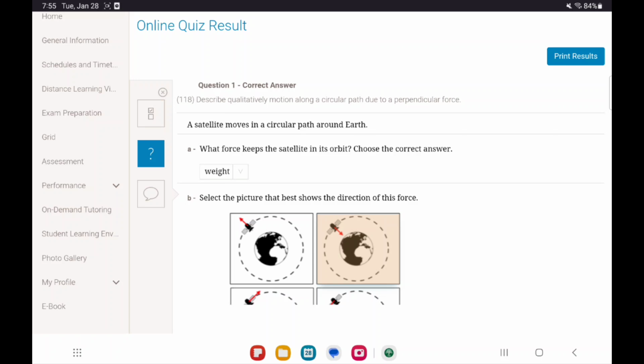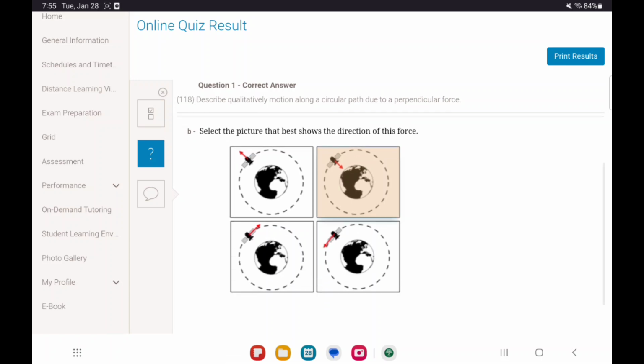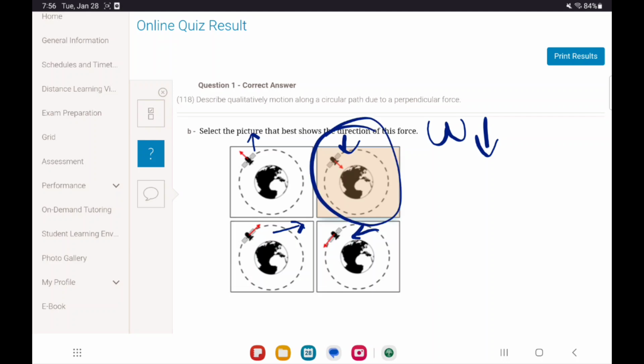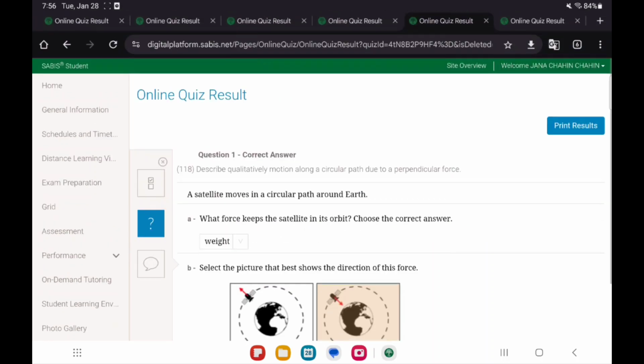So that's your answer. Then they're asking what is the best direction of this force. We know that the force of weight pulls downwards. So which one of these is going downwards? This is going up, this is going down, this is going to the right, and this is going to the left. So this is the only one that's going downwards. That's 3.17 done.